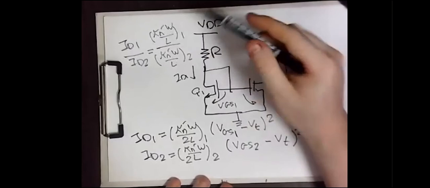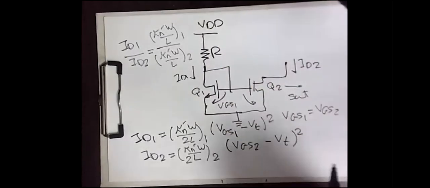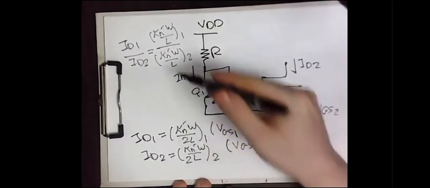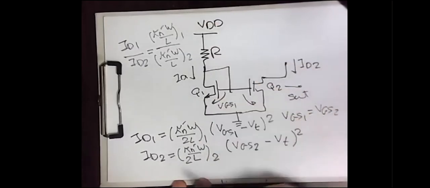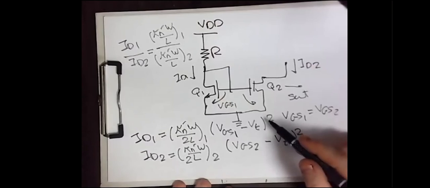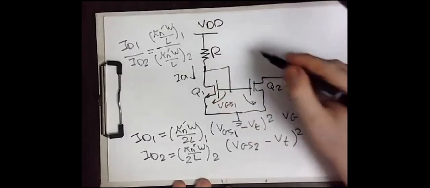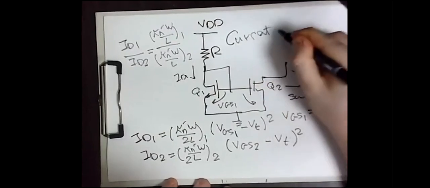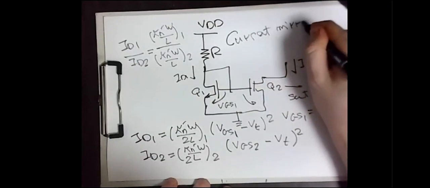If these two parameters are identical, meaning you have the same material parameter and the same dimensions for the two transistors, then the current flowing in ID1 will be equal to the current flowing in ID2. That's why we call this circuit the current mirror, because you are just mirroring the current.